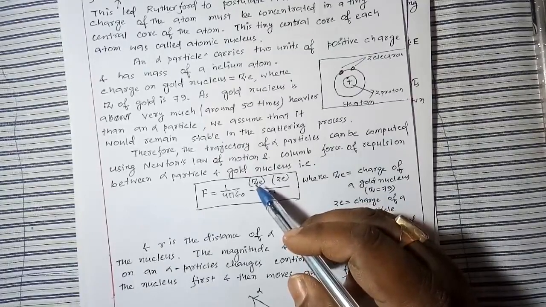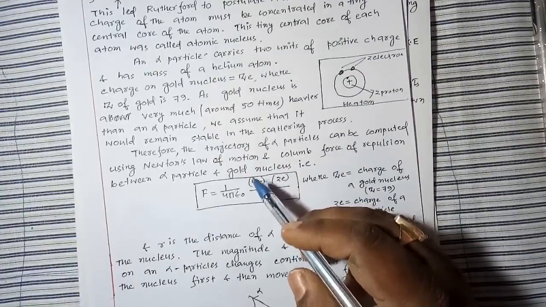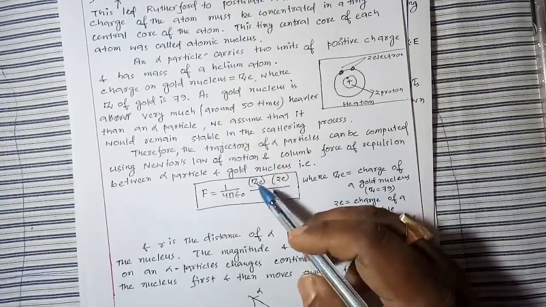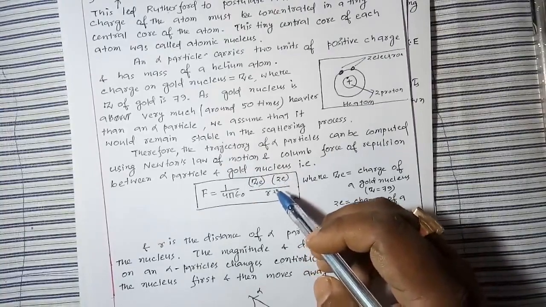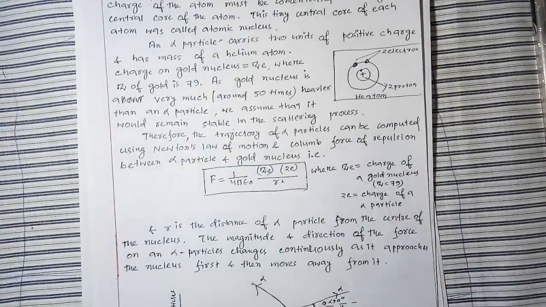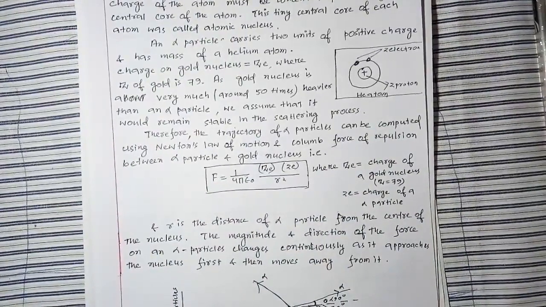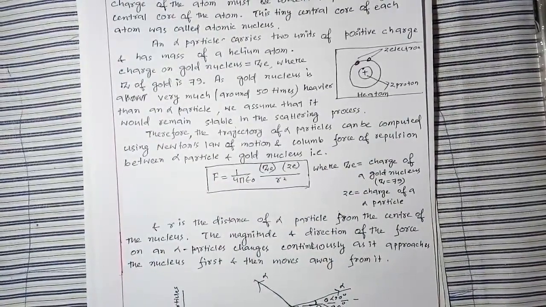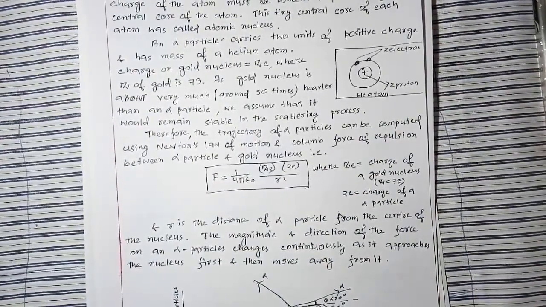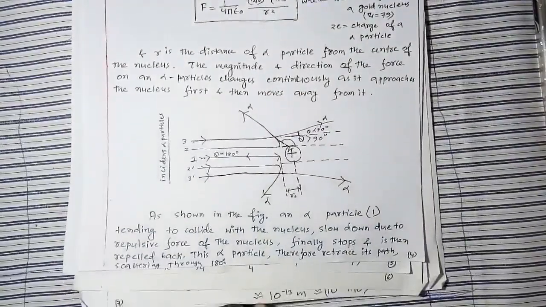Because Z is the atomic number of gold, Ze is the charge of the gold nucleus, 2e is the charge of the alpha particle, and r square is the square of the distance between them. So this is a simple formula that will help you find out the force of repulsion between the alpha particle and the gold nucleus separated by a distance r. Okay, so these things I already explained.